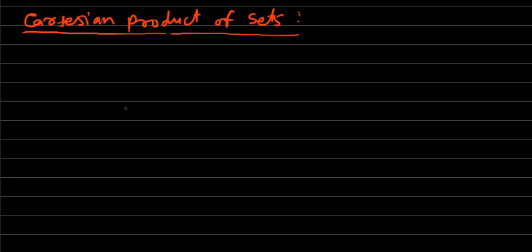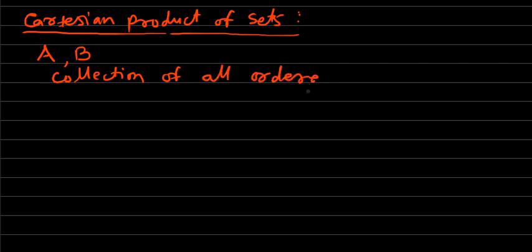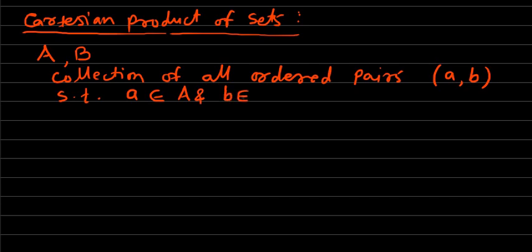If we have A and B as any two sets, then consider the collection of all ordered pairs (a, b) such that the first element a belongs to the first set A, and the second element belongs to the second set B. This collection is called the Cartesian product A cross B.